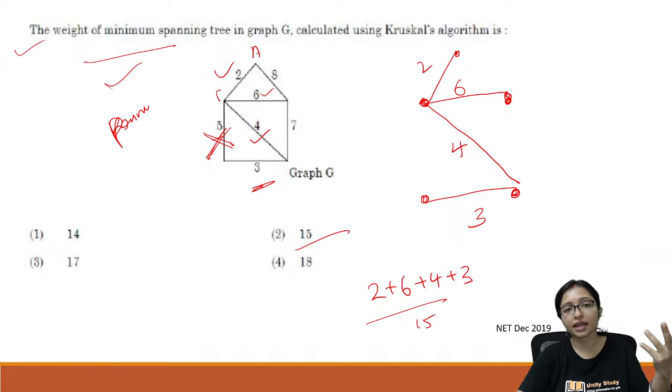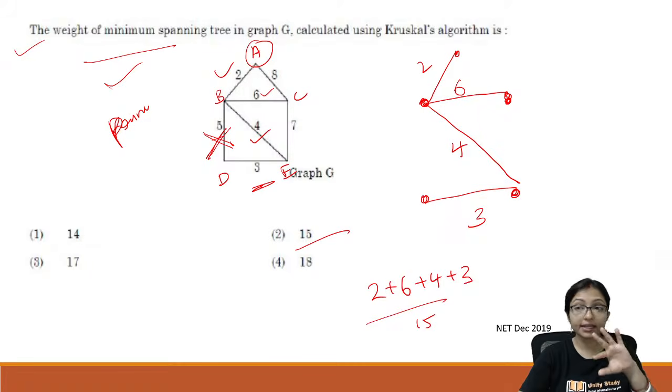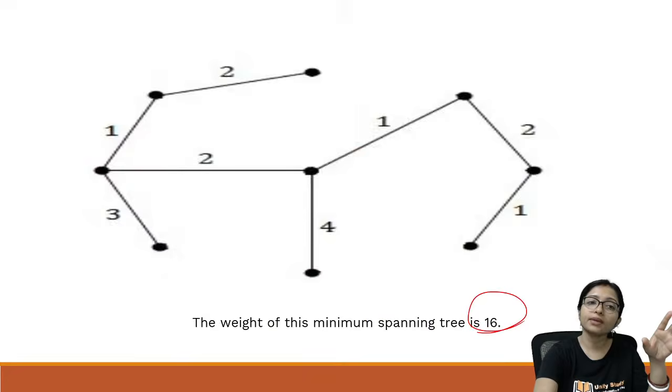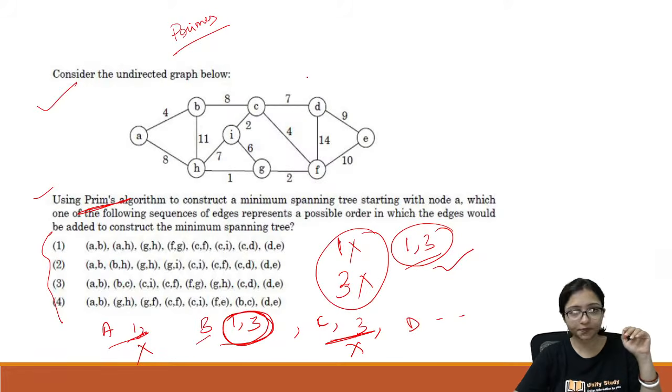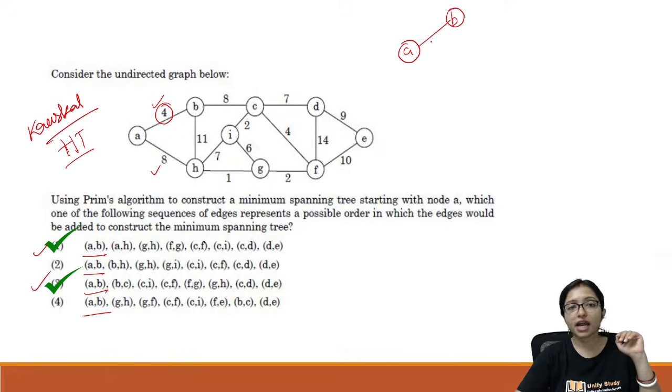Label the vertices like that, A, B, C, D, E. Start with A and check how it will be done with Prim's. This is the way you have to think, you have to explore yourself. So here in Prim's, you can see I have to start with A. So I am starting with A and 4 is the only one available to me.